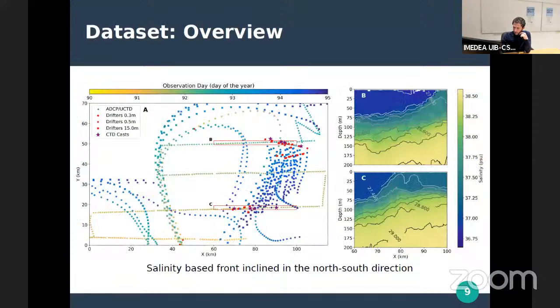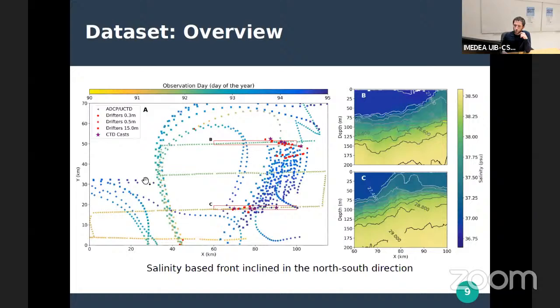Okay, the data. If you have in mind the transect that you have been seeing in the map in the previous slide, now in this map I'm not using latitude and longitude, but instead kilometers, and so the coordinates are rotated. And you can see in the color the observation day. So we've been sampling this eddy in more or less 2.5 days.